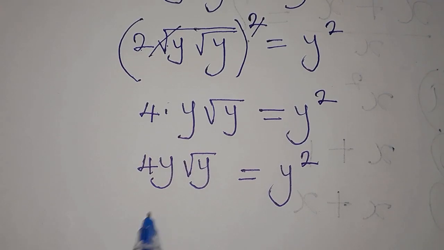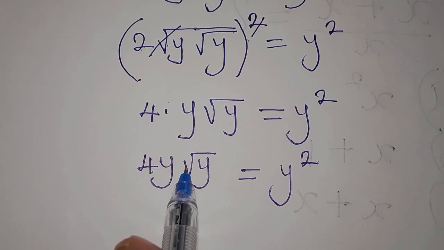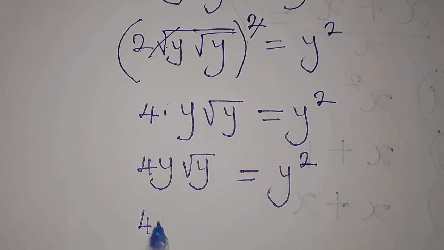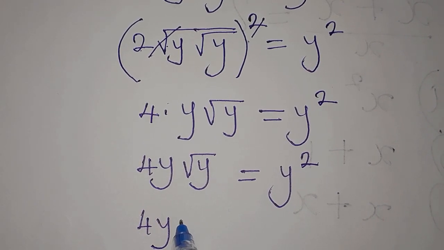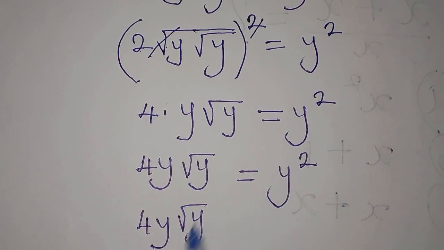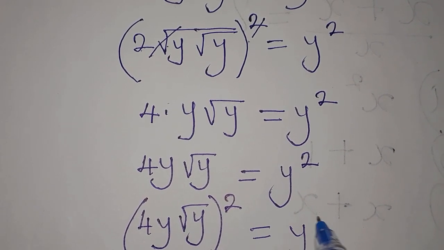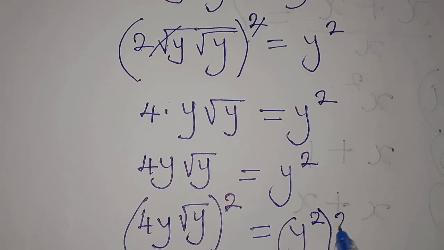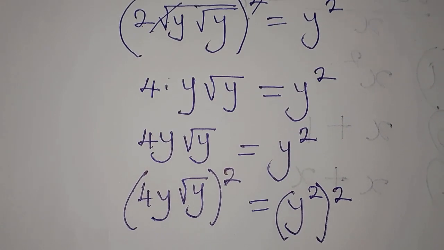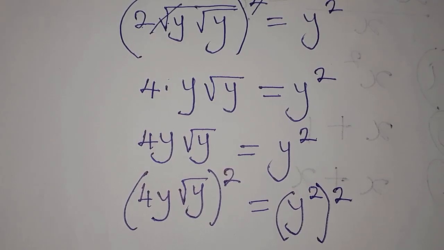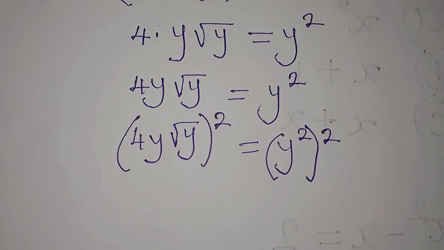Okay, so now the next thing is for us to remove this other square root sign. So whatever that we have here, we are going to square it again, and then the right hand side, y squared, will be squared. Now take note of this, because this can be a bit confusing, right?